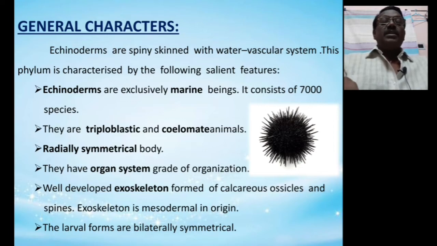Normally they are named triploblastic. We know that triploblastic means that when this animal develops as an embryo, especially during the gastrula stage, they have three layers such as ectoderm, mesoderm and endoderm. Because of the presence of the triple layer during development, they are called triploblastic, and they are also coelomate animals.